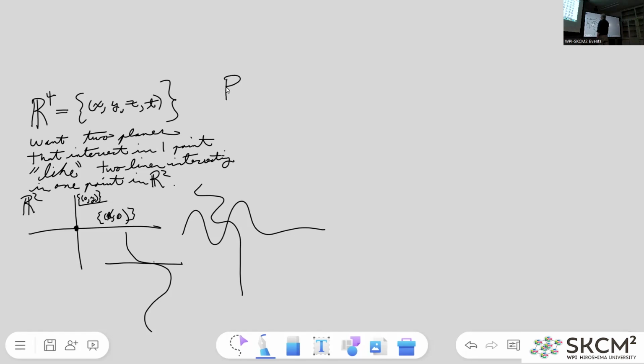So if I want to, in my four space, I can take one plane to be the set of things of the form (0, y, z, t). Oh, I wanted two planes, excuse me. So I'll take this plane: I'm going to take (x, y, 0, 0).